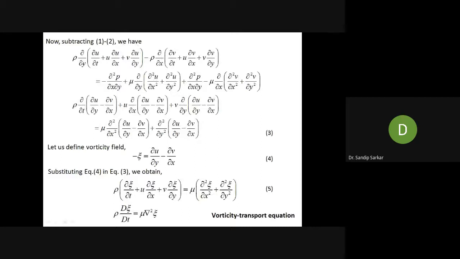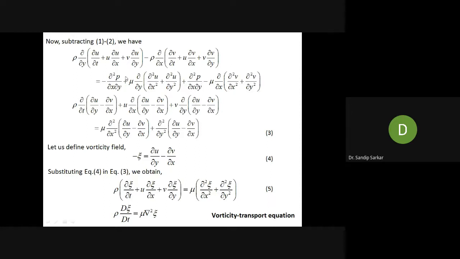Then what will we have? On the left, rho times del del y of (del u del t plus u del u del x plus v del u del y) minus rho times del del x of (del v del t plus u del v del x plus v del v del y). On the right, minus del 2p by del x del y plus mu del del y of the x-momentum viscous term, minus the del 2p by del x del y term from the y momentum equation plus mu del del x of (del 2v by del x2 plus del 2v by del y2).